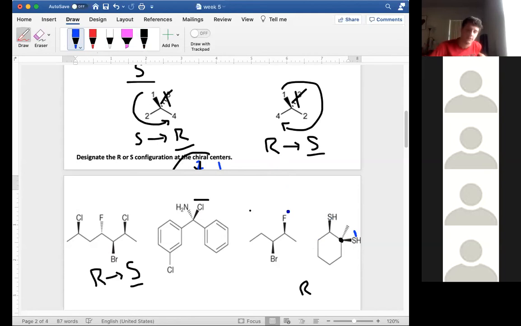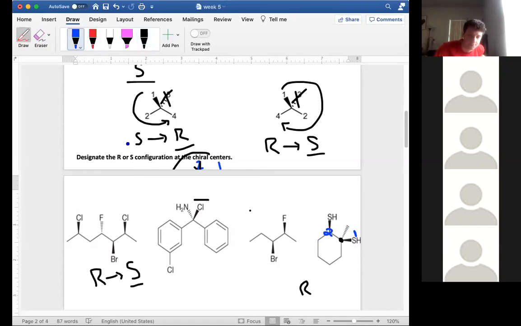So what would be our next priority? We're looking at a methyl here, a carbon attached to another carbon, a carbon attached to an S. So what would be our second highest? Yeah, the carbon with the S.